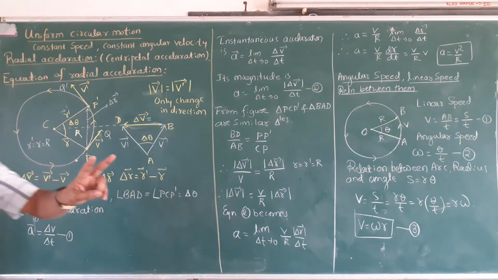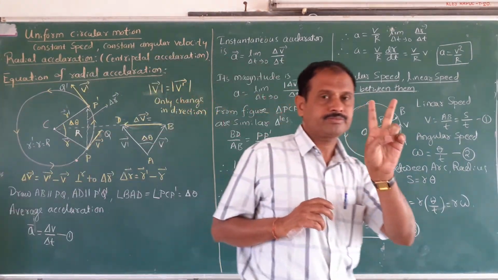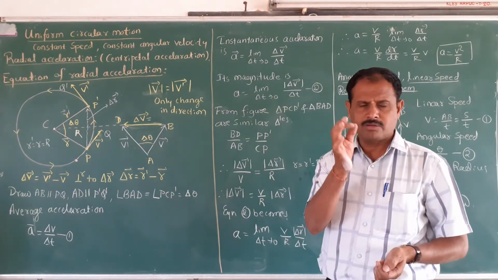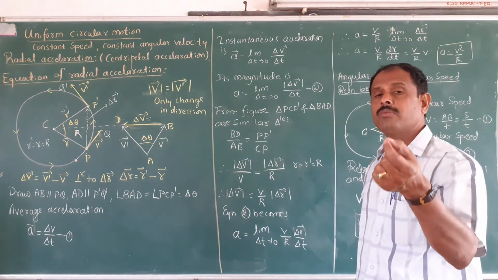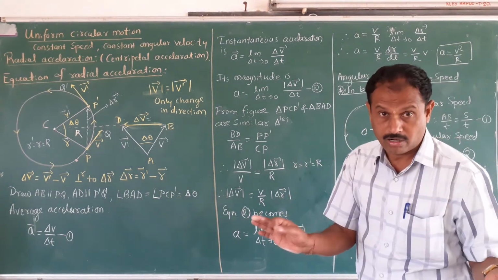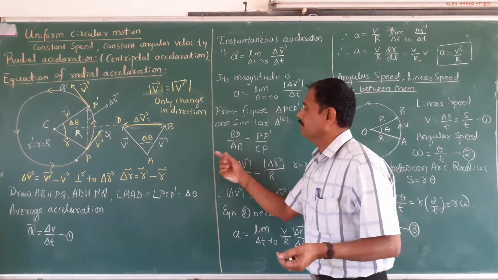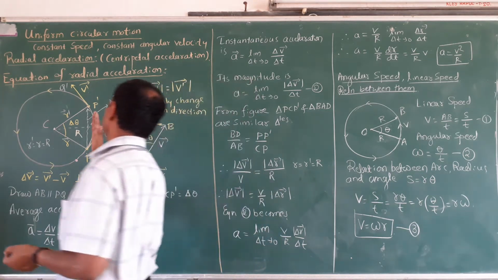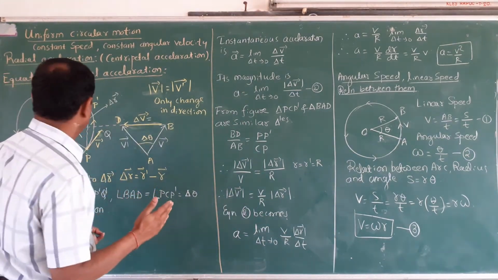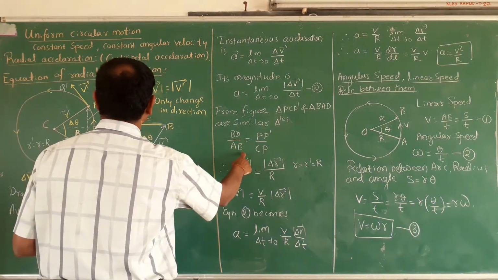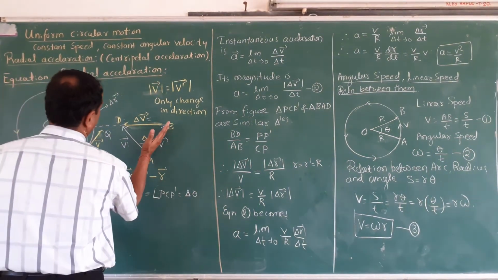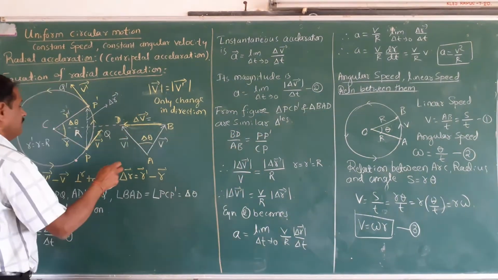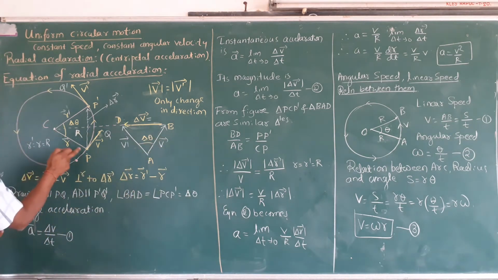I want to take only two pairs of sides here. For BD, the corresponding side is PP dash. So BD divided by AB equals PP dash divided by CP, where AB corresponds to CP.